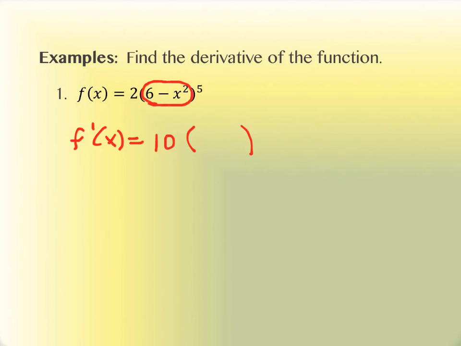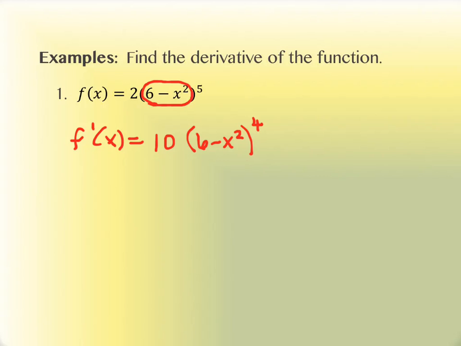And then I would take the exponent of 5 and I would make it a 4. This right here is the derivative of the outside. The kicker is that the stuff inside the parentheses doesn't change. So whatever it was to start with, it still is that. That's the derivative of the outside with the inside unchanged.